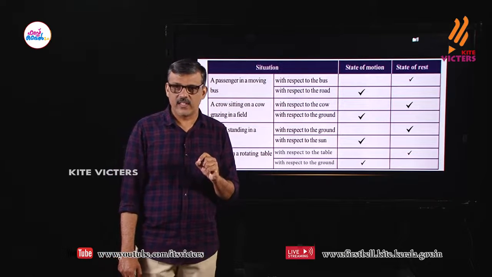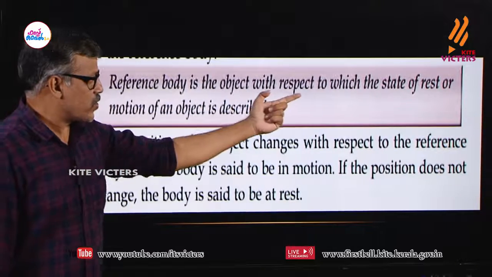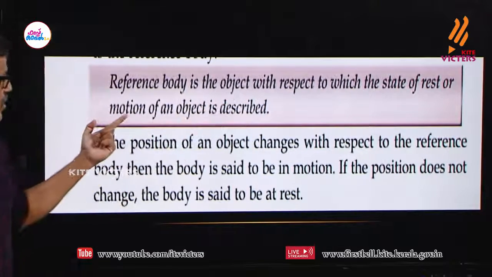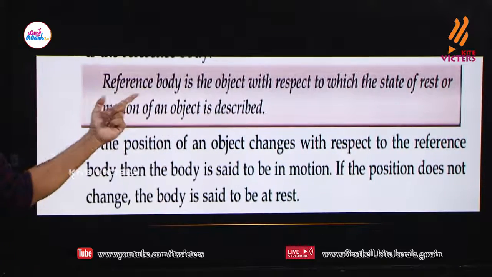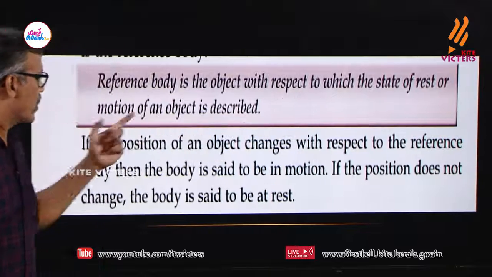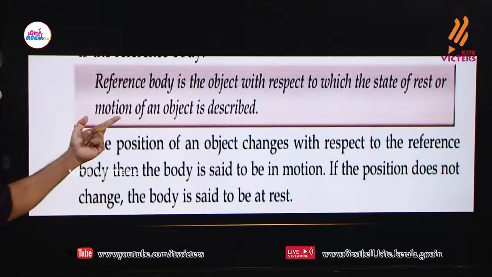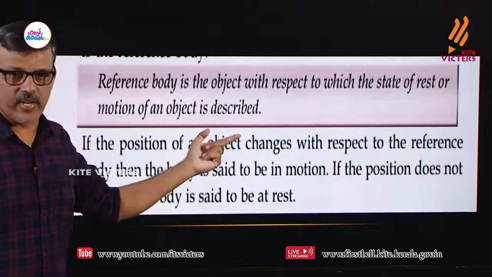Yes, you can. Try it. A reference body is the object with respect to which the state of rest or motion of an object is described. That is called reference body.